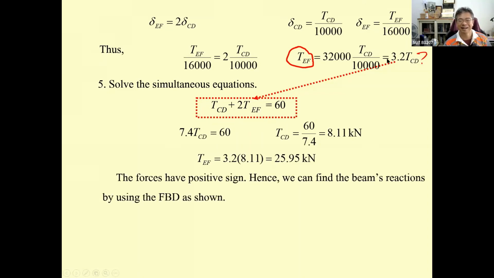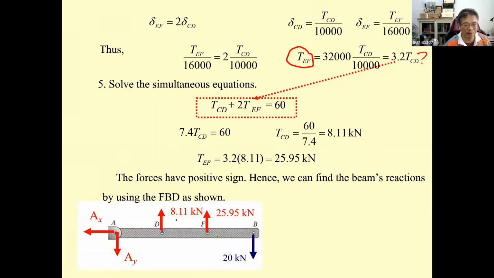And then for the stress, you can find the reaction also. You got this one for 8.1, and you got this one for 20.95. So now you are able to determine the forces.